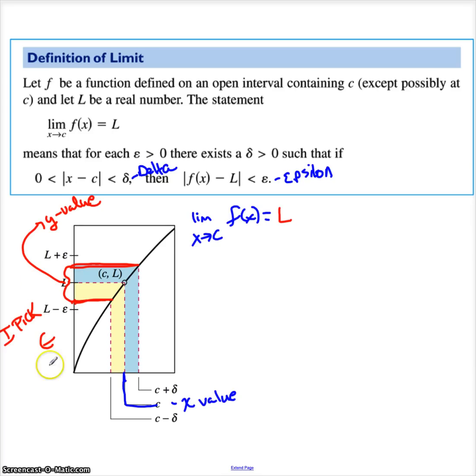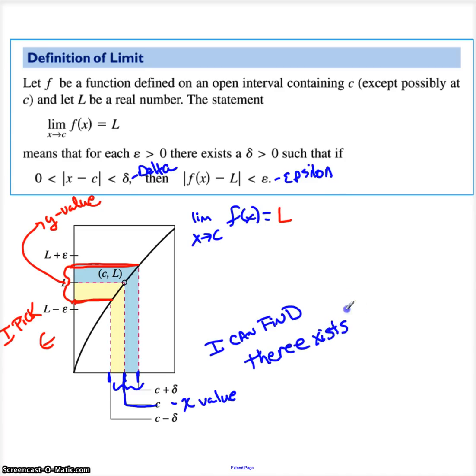No matter what that value is, I can find a delta so that the absolute value of x minus c is less than delta. So basically I've got c plus delta to c minus delta here. This is the region here. So I pick epsilon, I can find, or rather there exists, because you can't always find it.